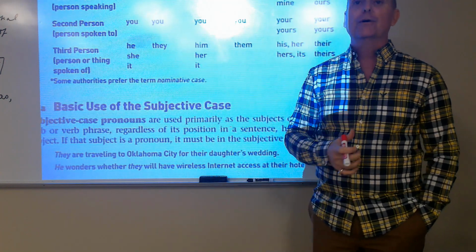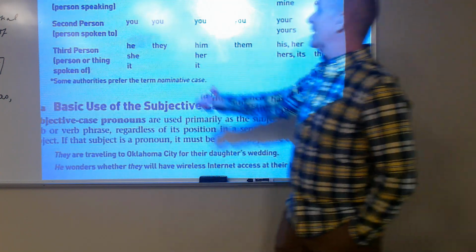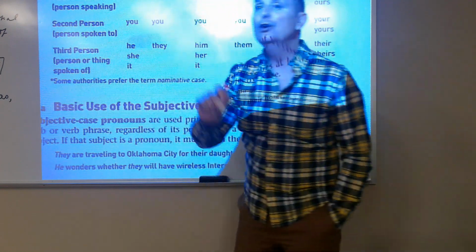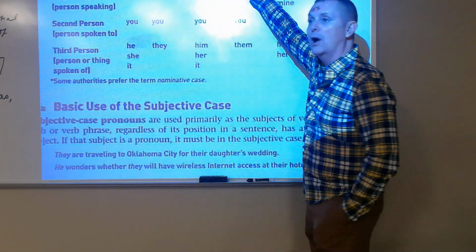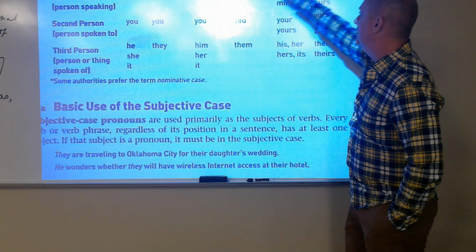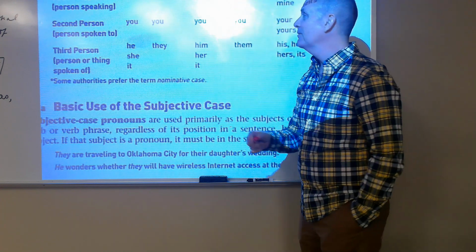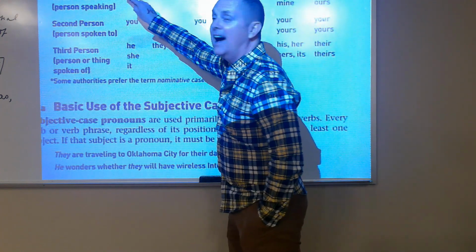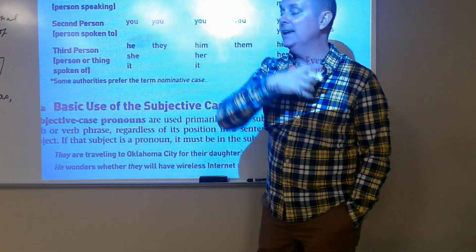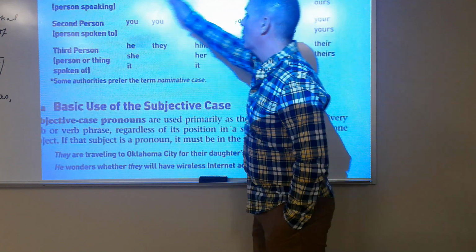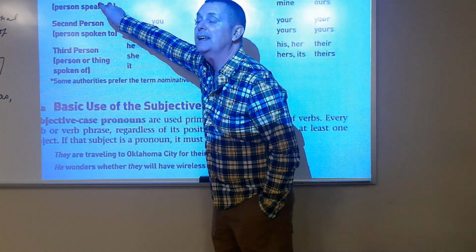But memorize your personal pronouns and start with your subjective case first. I, we, you, he, she, it, they. Then your objective: me, us, you, him, her, it, them. And I'm not going to sing very often. Notice I, we, me, and us are all first person. That's the person speaking.